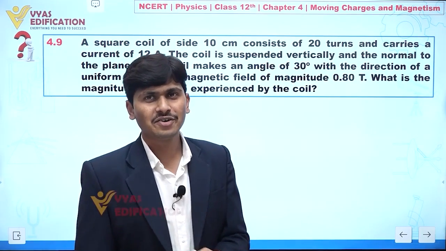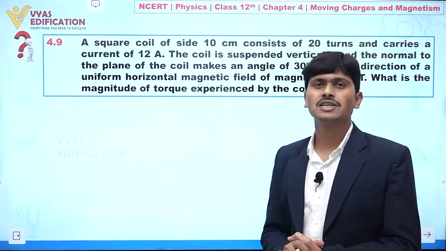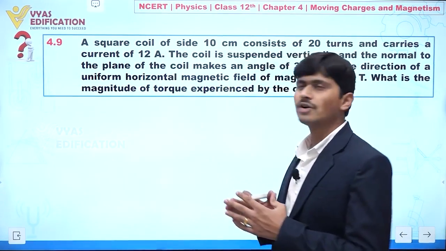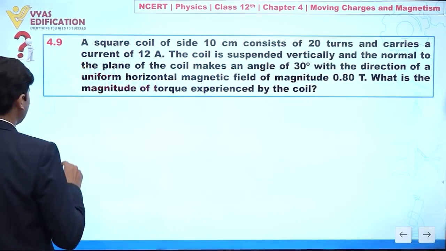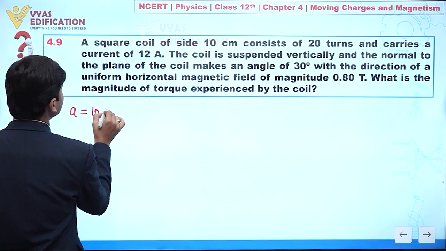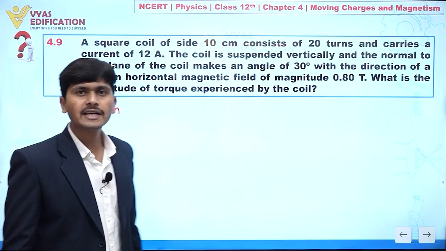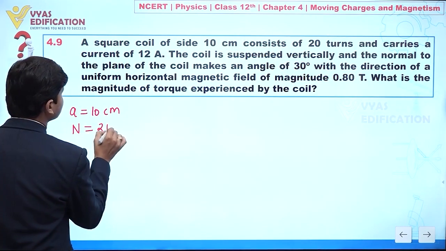Now dear students, we are going to discuss question number 4.9. In this question it is given that we have a square coil of side 10 cm. So the side a is given as 10 cm. It consists of 20 turns, so the number of turns is 20.